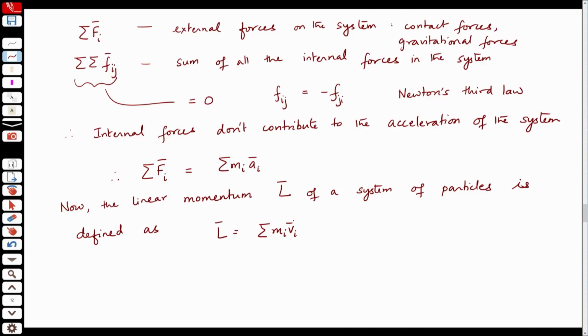Sum of the products of mass times velocity.